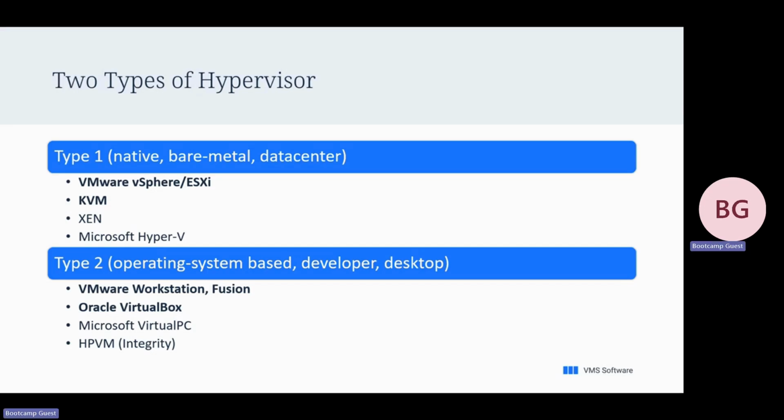There's also Microsoft Virtual PC, and of course on Integrity, we had HPVM, which was a type 2 hypervisor for the data center running on top of HP-UX. I don't think it was very popular.